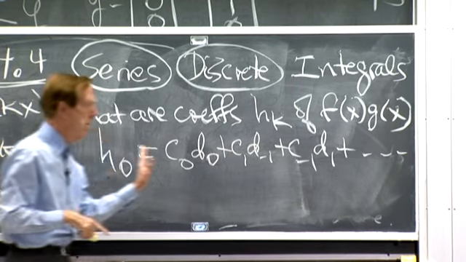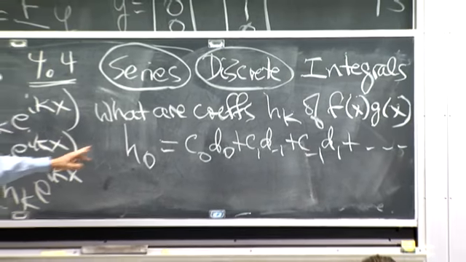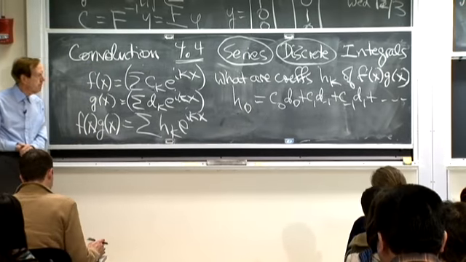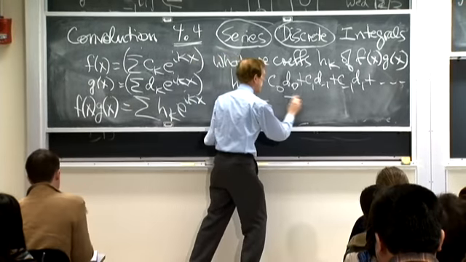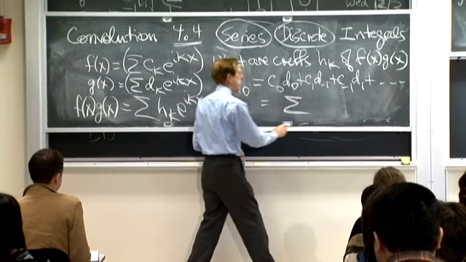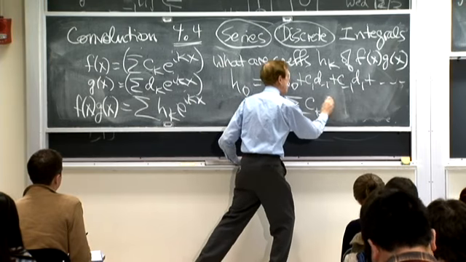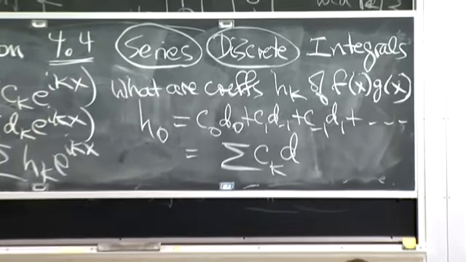So the coefficient comes from, now how could you describe that? I guess I'll describe it as I'll need a sum to multiply. This will be the sum of ck times d what? Minus k, right?